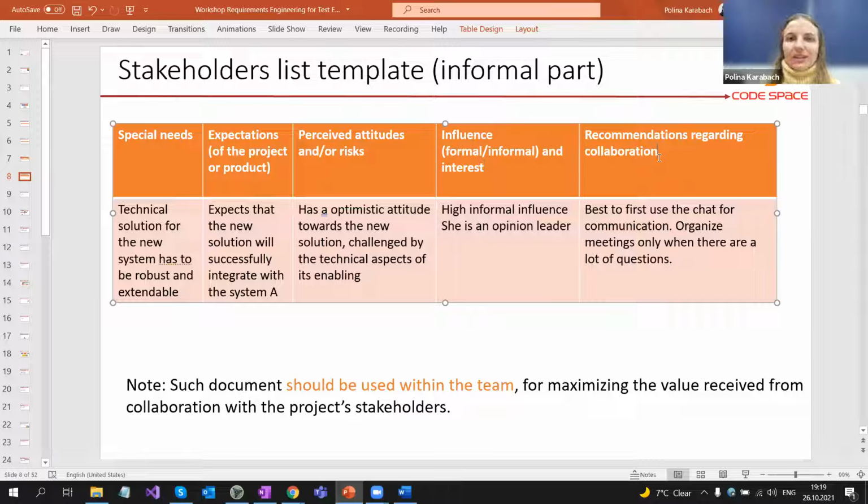And recommendations regarding collaboration. Very practical things like it's better to reach out to this person in chat, or immediately set up a meeting, or send a mail. And expectations about how fast the person responds, whether it's a very busy person, and so on. Everything that can help us understand who this person is and maybe the motives for providing certain information. For instance, if a person is more technical or has a specific interest in some direction of development of the product, we may understand that part of the input that person gives us is related to that goal.